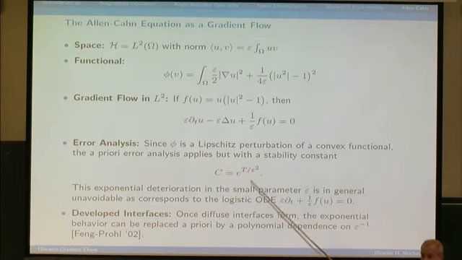If epsilon is tiny, either because you are really looking at a problem that is faithfully mimicking the materials, and epsilon is a length, the thickness of an interface, which for a domain of size 1 can be several orders of magnitude smaller, 10 to the minus 5 or 6 depending on the application, then this is not a meaningful result anymore. If epsilon is going to 0, this is not a meaningful result either. And then you wonder, what is the value of this?